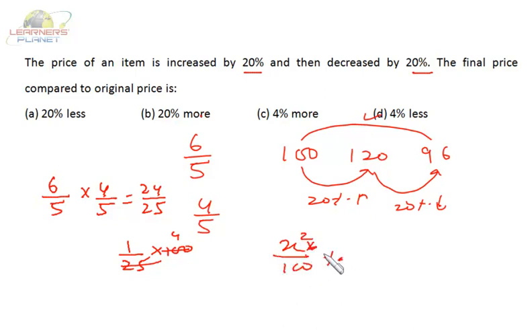It doesn't matter what the order of increment and decrement is. First you may increase then decrease, or first decrease and then increase. In both cases, finally we'll be losing x square by 100%. So I have discussed 3 to 4 concepts to solve this particular problem, and we'll be using the same concepts to solve more problems.